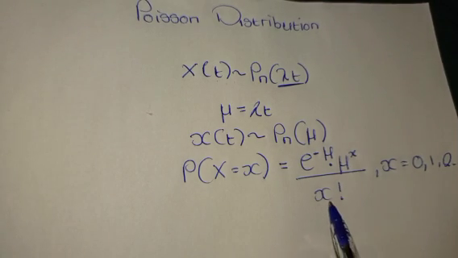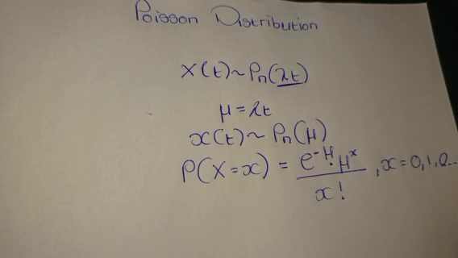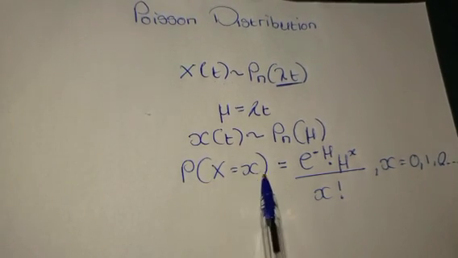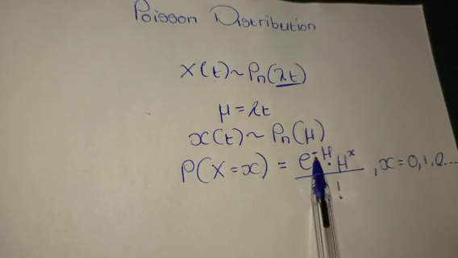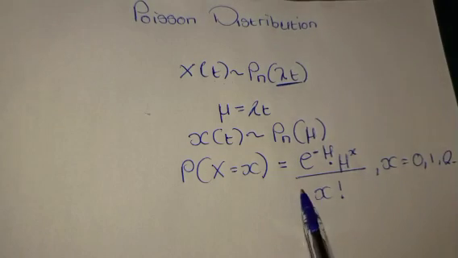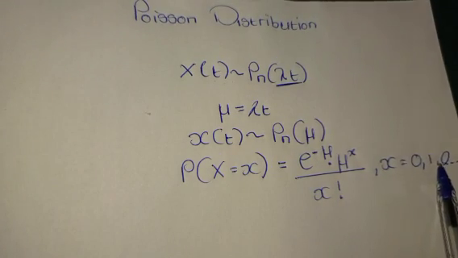So this is the formula that we'll be using when we are dealing with Poisson distribution, where the probability of X equal to x is the exponent of negative mu multiplied by mu to the power x over x factorial, where x can take any number.